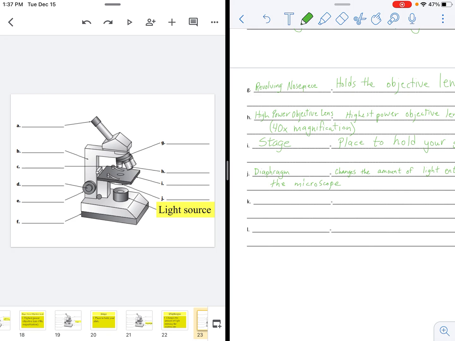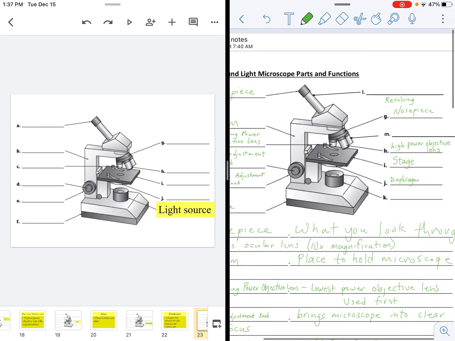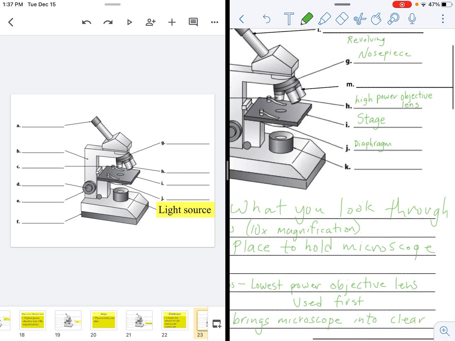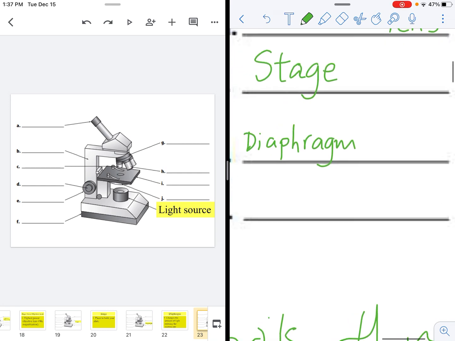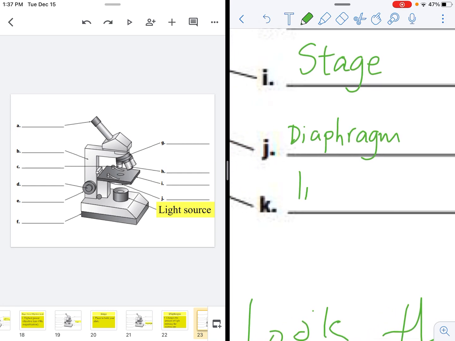Next, letter K is the light source. On old-fashioned microscopes, they used mirrors to sort of intensify the light from like a window.